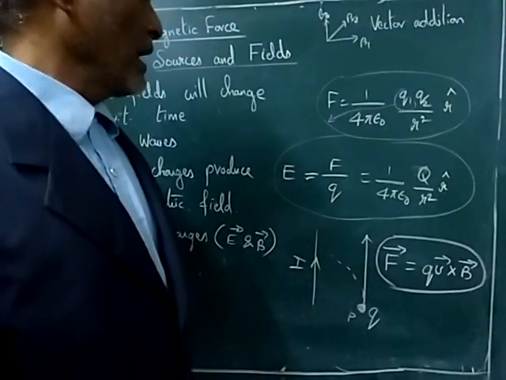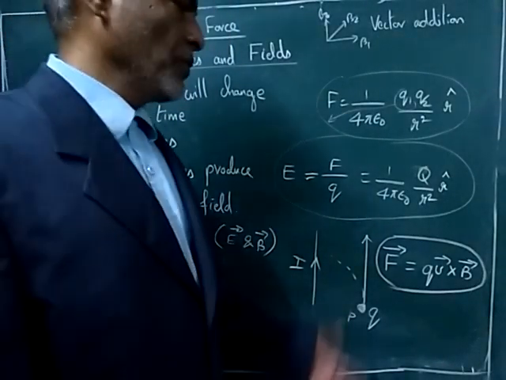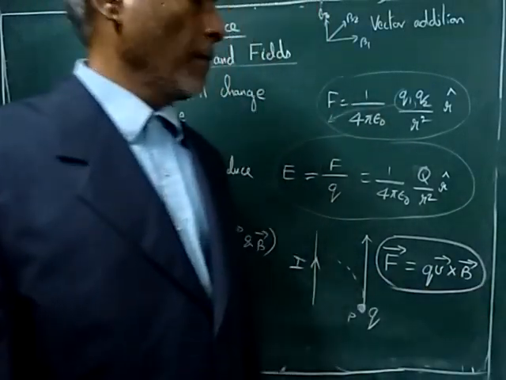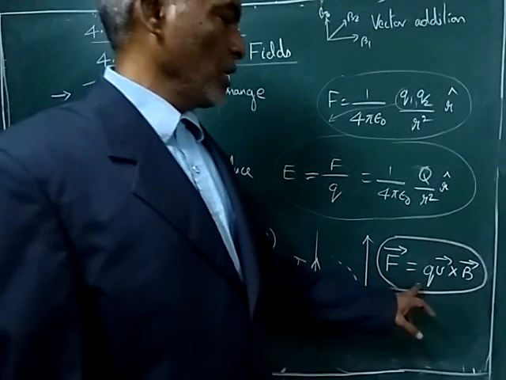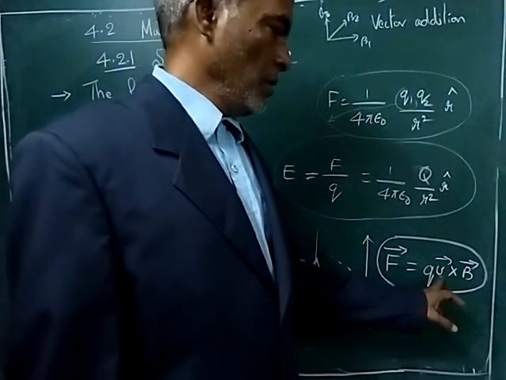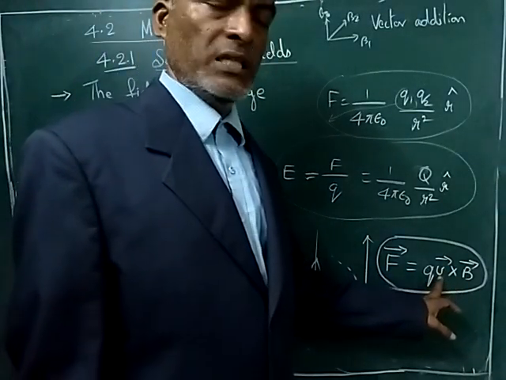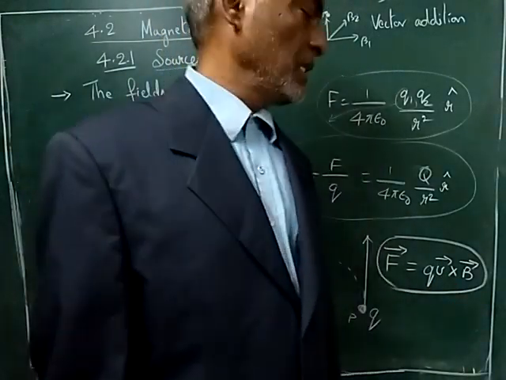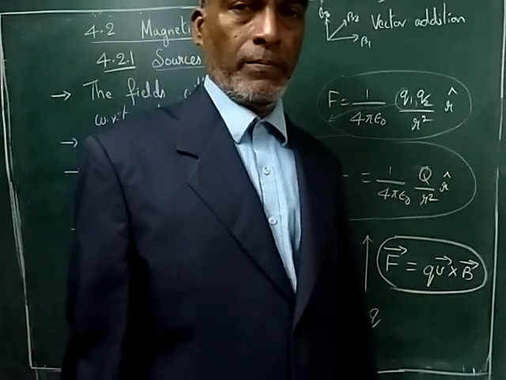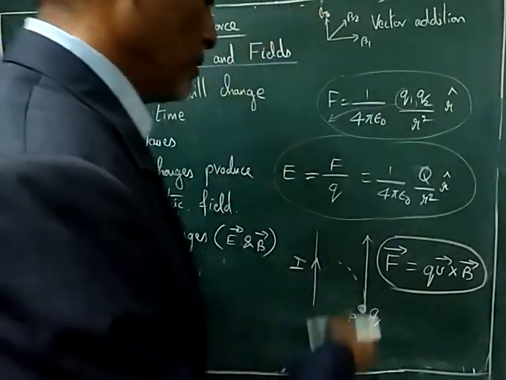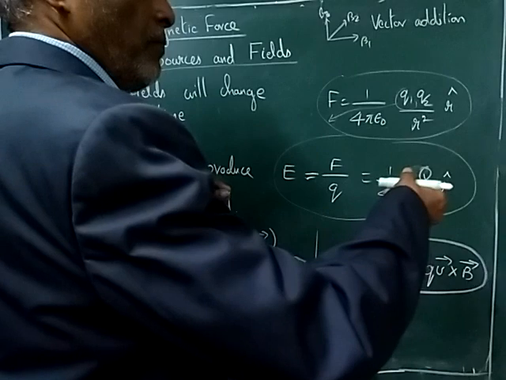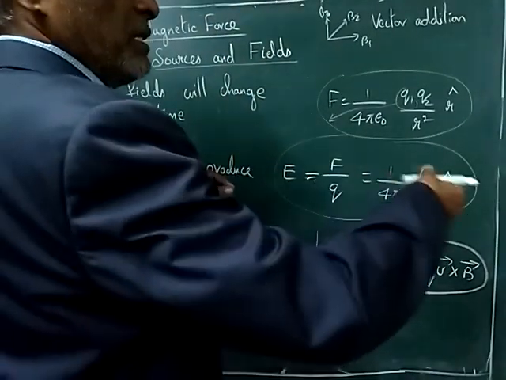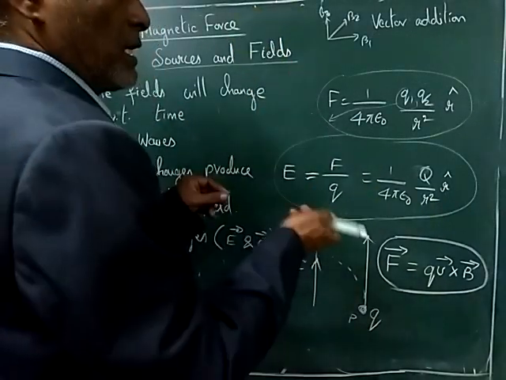Generally we can have a relation for force and the magnetic flux density B vector. So the force vector is equal to charge Q times V vector, where V is velocity, crossed with the B vector, the magnetic flux density vector. This is a cross product. Assume this is V and this is B. Now V cross B, that is QV in this direction and B in this direction.